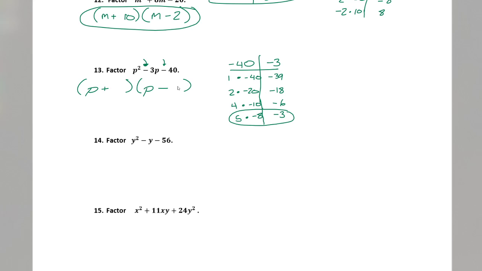So we have -8, +5. Multiply just to check. Good.